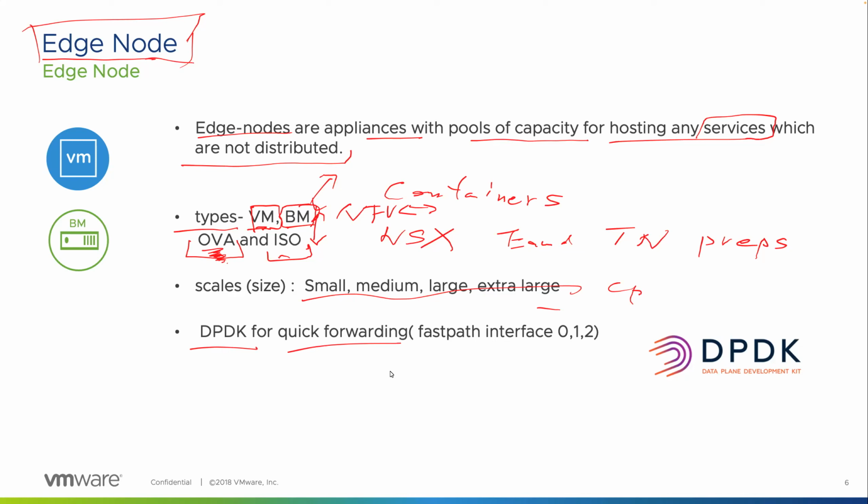For example, when we configure the edge transport node, we can see a fast path interface for DPDK: DPDK fast path interface 1, 2, 3. What does that mean? We'll get into that in coming sessions when we talk about NSX design. We'll talk about this fast path interface 0, 1, and 2.